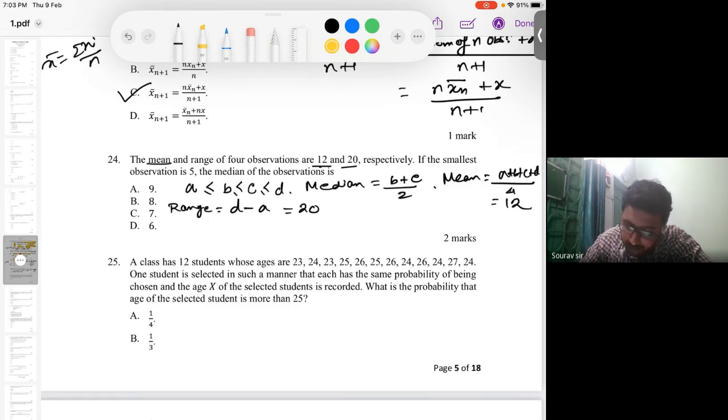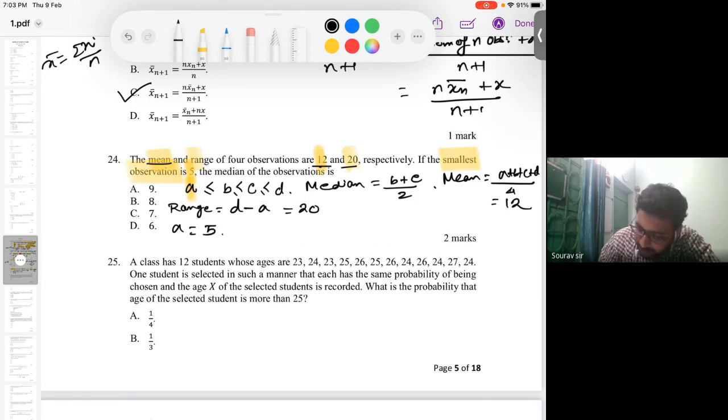The smallest observation is A, so A is equal to 5.